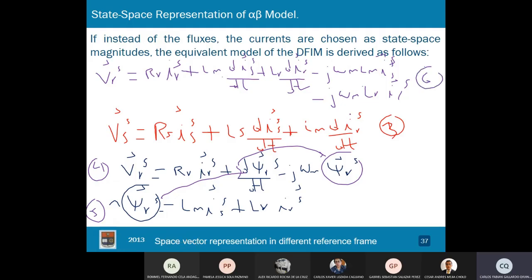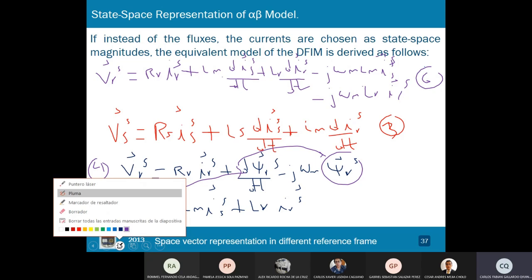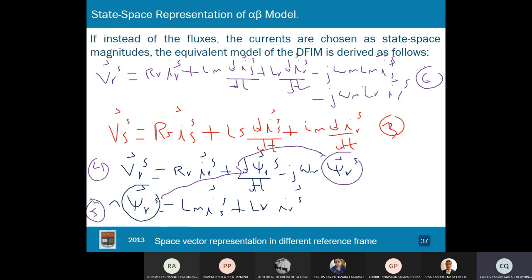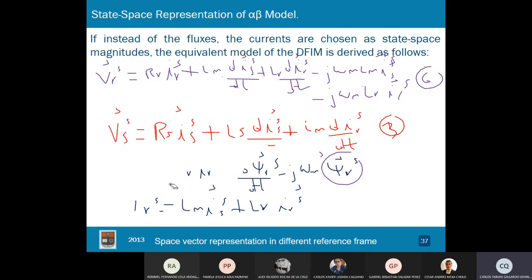What is my objective? My objective is to have the state space representation in the alpha beta model using the currents. In the previous calculation, we computed with the fluxes. So I need some space here, so let's clear this part.